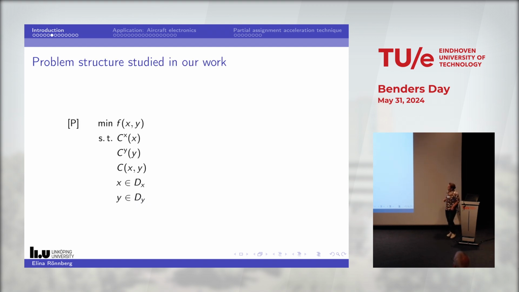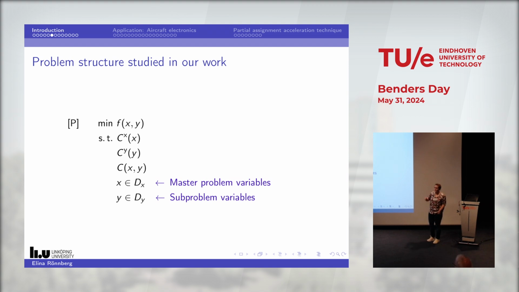The problem structure and notation that I will use looks like this. I will have x as my master problem variables, to shift back from the previous speaker to keep you awake. And also, I will think about this as a setting where I would have a MIP formulation with respect to x and a CP formulation with respect to y.